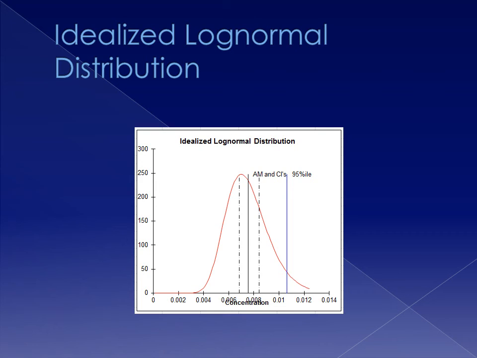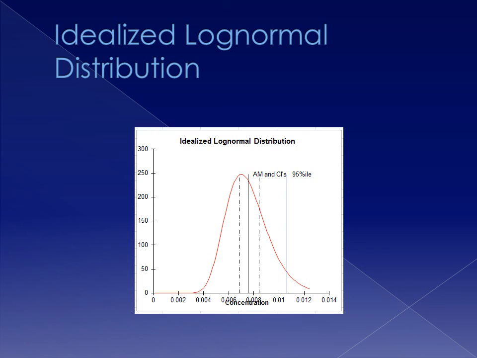There is one other feature of the spreadsheet that you might find useful. It is the idealized log normal distribution chart. My fictitious data set came out looking like a normal distribution, or the classic bell curve. However, most of the time you will see a skewed curve. The blue line on the curve represents the 95th percentile point estimate.